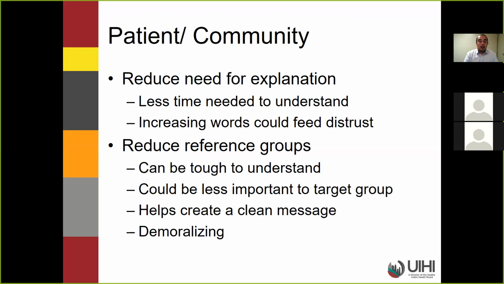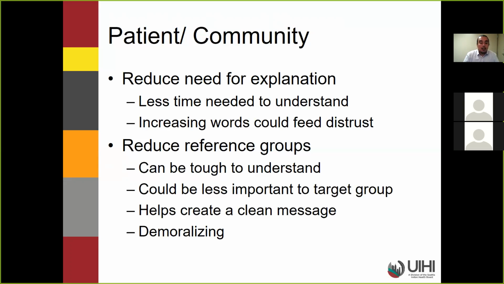So when I'm preparing data for patient or community members, I jotted down a few things that I like to take into consideration. One is reducing the need for explanation. Oftentimes what I find for lay people or less data savvy individuals is that more complex data presentations can really turn them off to exploring the information that you're attempting to present.